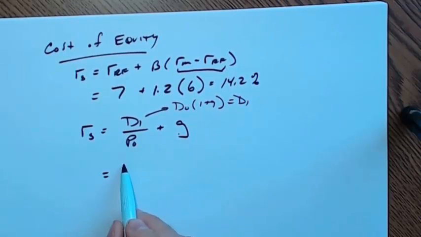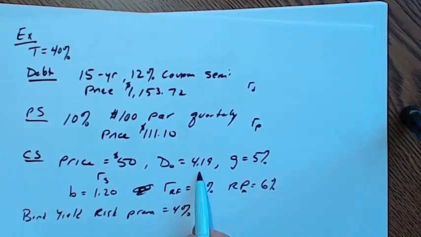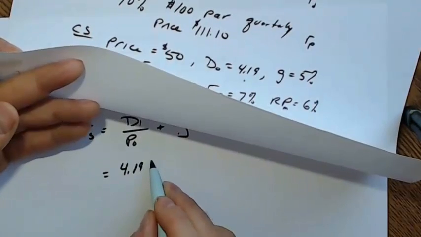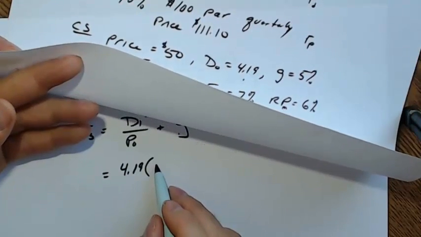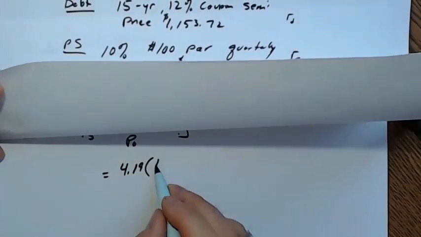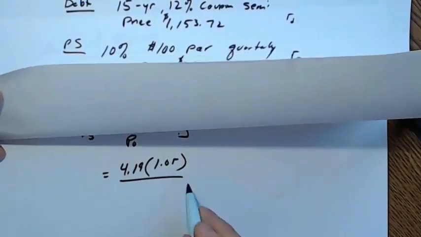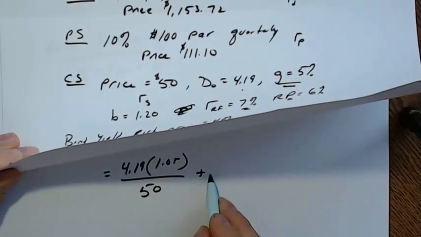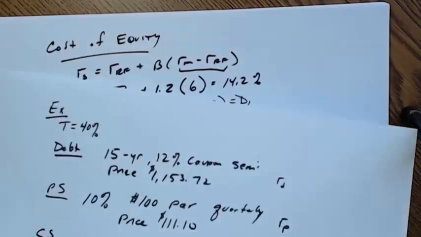So take the dividend today, $4.19, and grow it by 5%. G is 5%. 1.05, that's the top. The price of the stock today is 50, and the growth rate is 5% again.